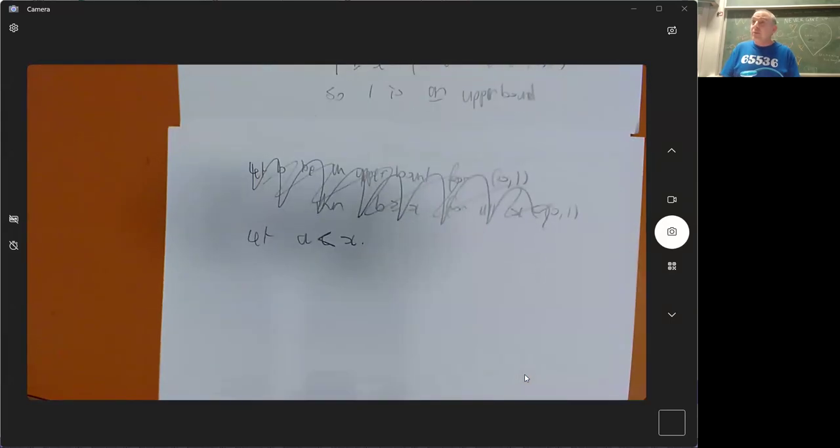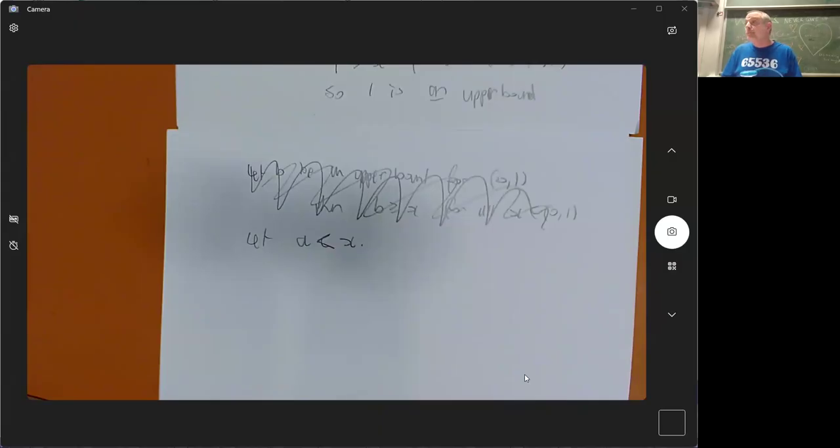We could assume it's an upper bound and do a contradiction, or we could just show that it's not an upper bound because there's something in the set that's more than it.